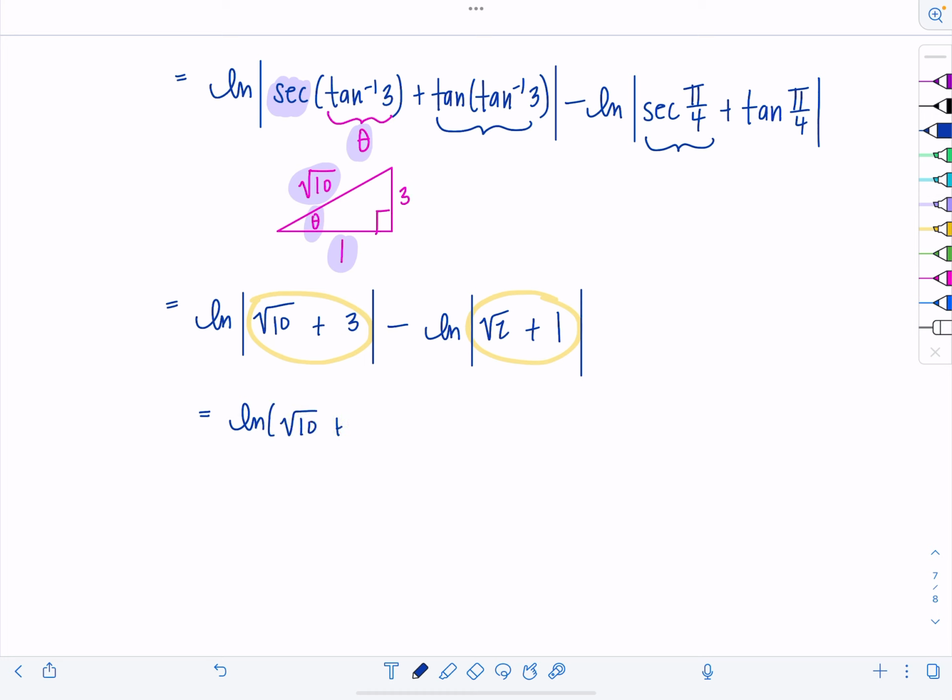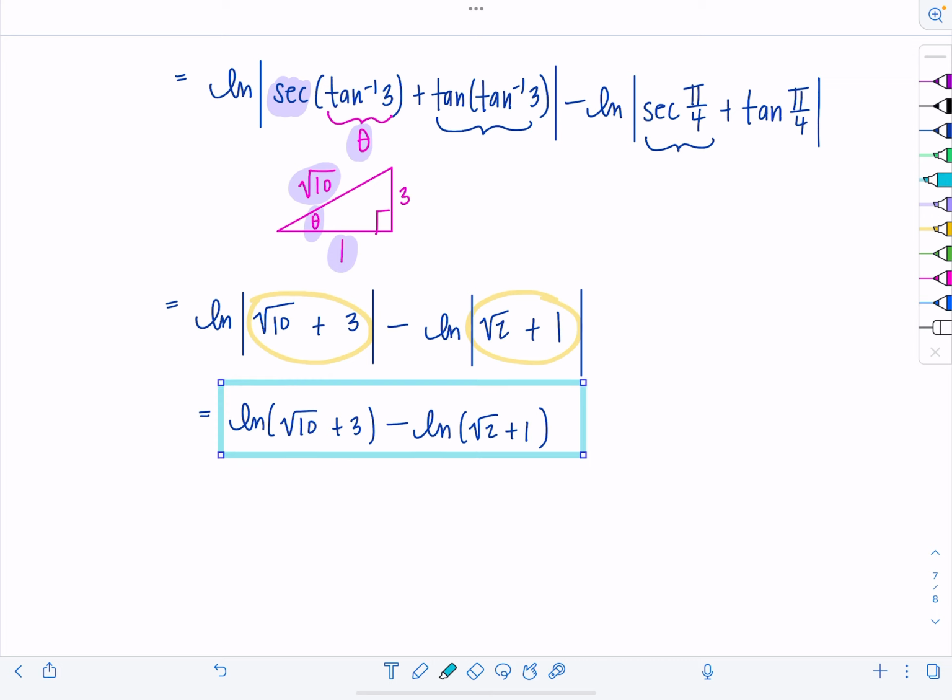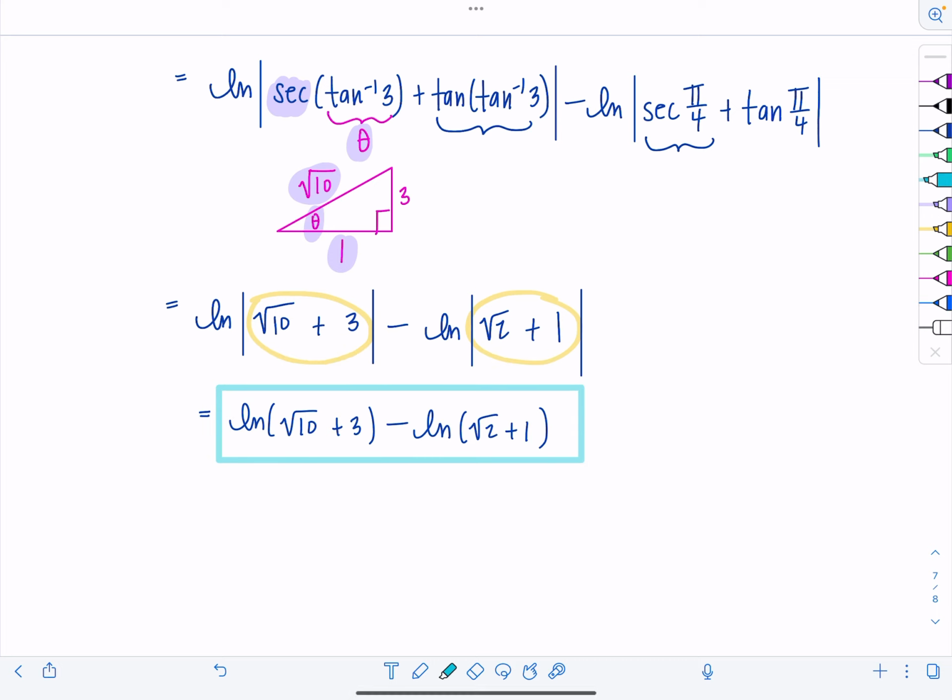So ln rad 10 plus 3 minus ln rad 2 plus 1. Okay? If you're feeling overly zealous, then maybe you're going to, I don't know, combine the logarithms, rationalize the denominator. It's getting a little carried away, if you ask me. So I say let's stop here, box it. We're super proud of ourselves. That's a nice looking answer.